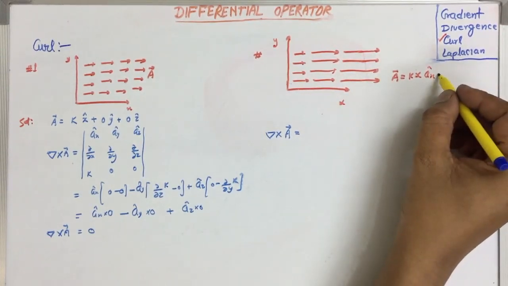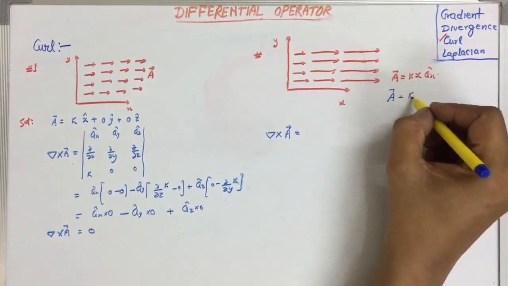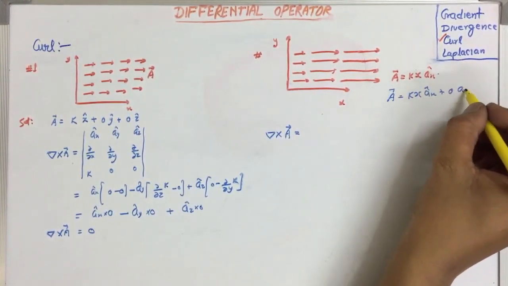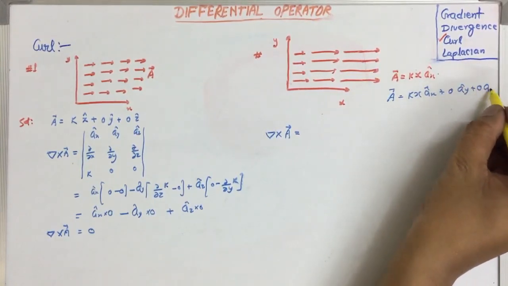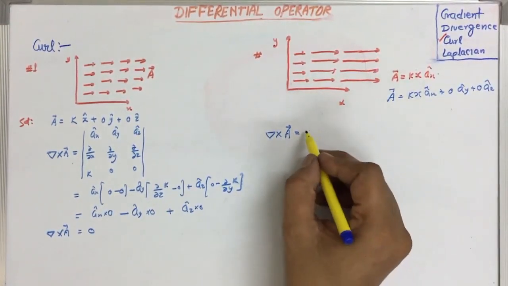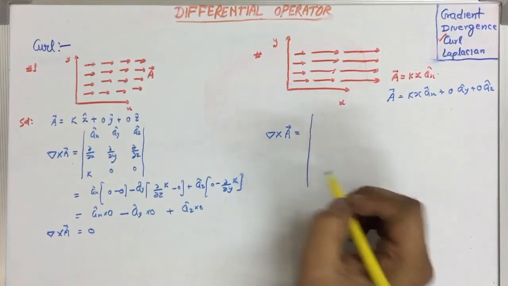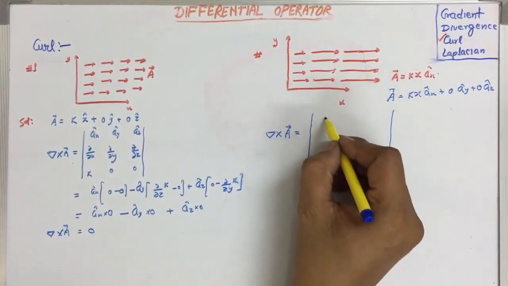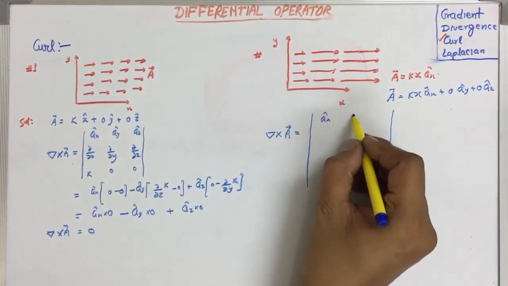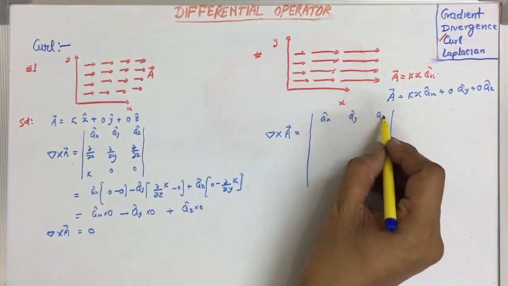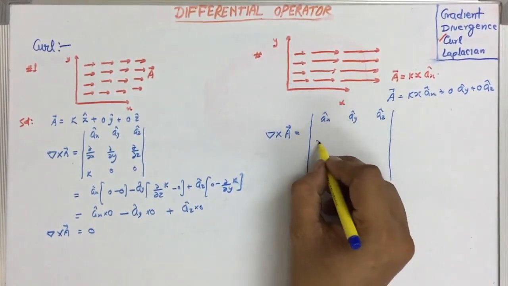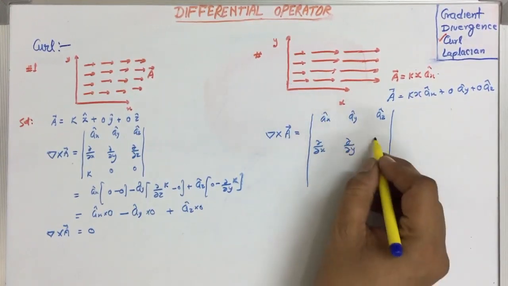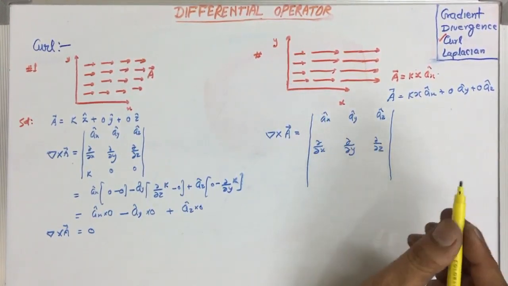So further A can be written as kx ax plus 0 ay plus 0 az, and here you can say the curl of A can be written with the unit vectors ax, ay, az of the rectangular coordinate system, here del over del x, del over del y, del over del z.